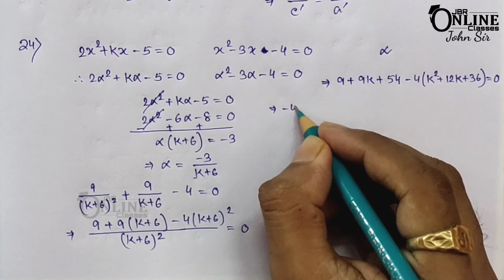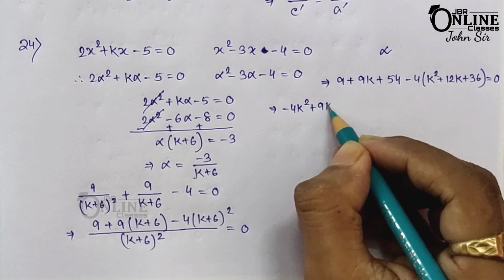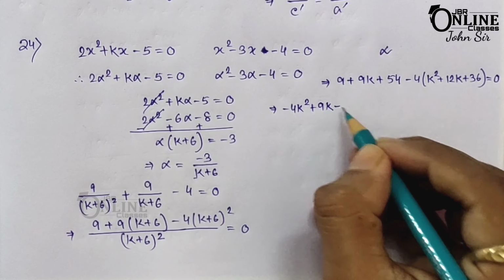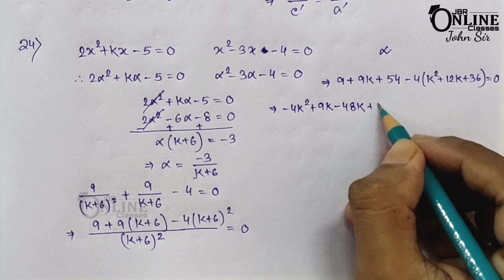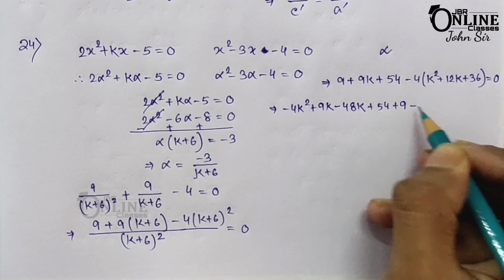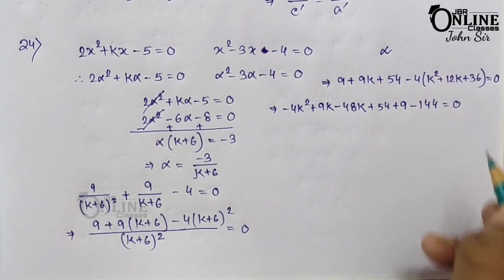So it will be here minus 4k square, then here 9k and here 4 into 12, so 48k, then here 54 plus 9 and the last one 36 into 4, 144, equal to 0.